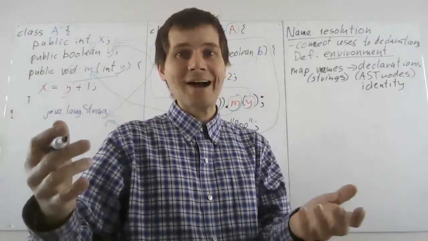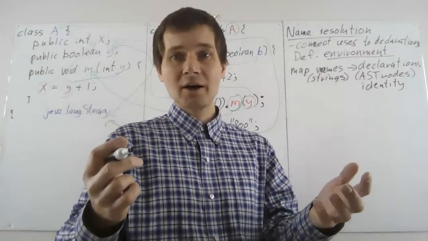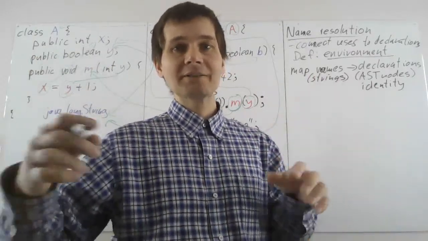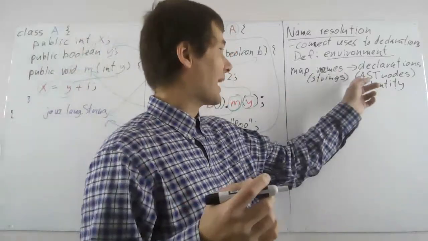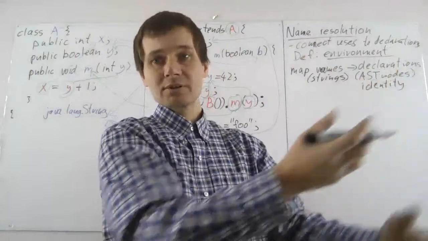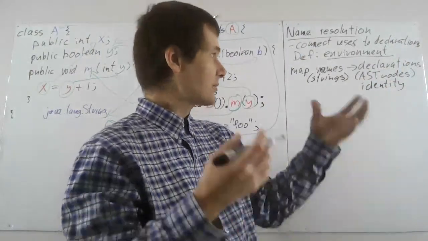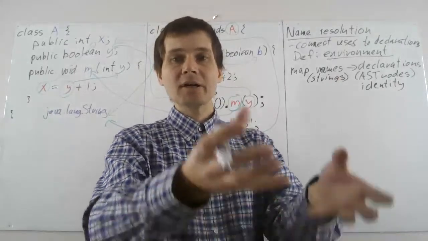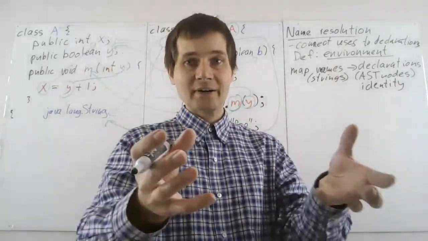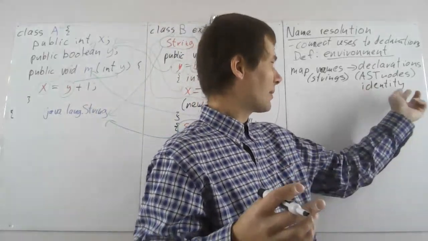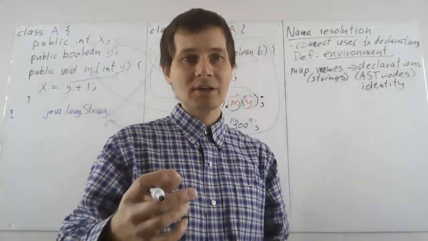Some languages allow you to just start using variable names without declaring that variable, and in that case you wouldn't have an AST node to link those uses of variables to. So you could create some other data structure in your compiler to represent a variable. But the point is, you need something that represents the identity of some concept.